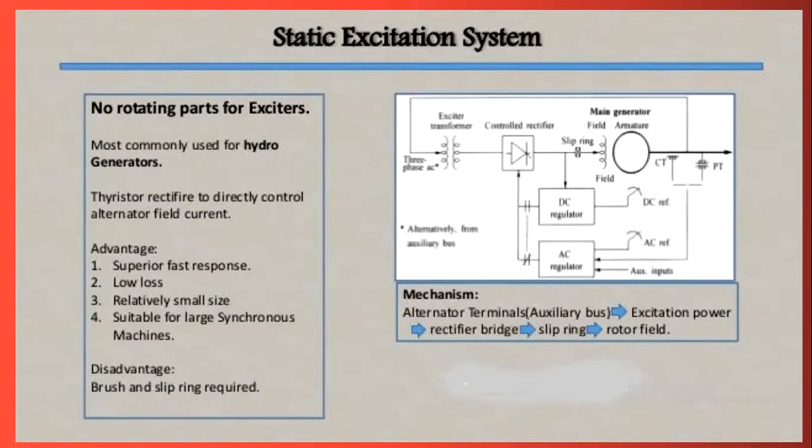This is the last one in my presentation, the static excitation system, most commonly used for hydro generators. This is usually used for low and medium rating alternators, which are basically hydro generators. A thyristor rectifier is used to directly control the alternator field current.